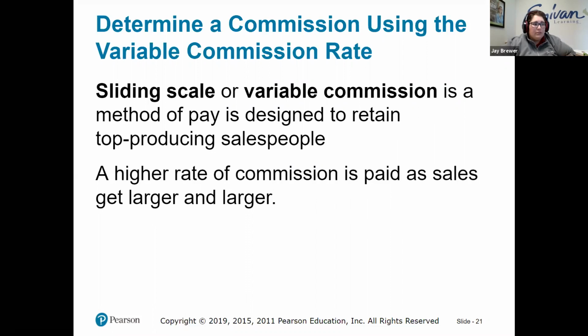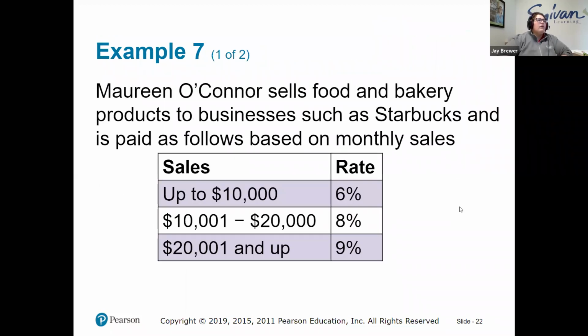Once you hit your quota so many times, they might bump your rate of commission. Maybe insurance brokers, as you get more and more people signing up for your insurance, they might increase your rate of commission. I think there are some other kinds of brokers too. I don't really know a lot about that world, but okay.